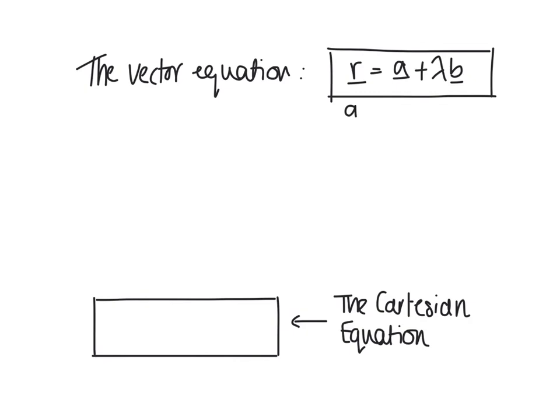So just to make a note of that, where a is a position vector, so that is from the origin to a known point on the line, and b is our direction vector.